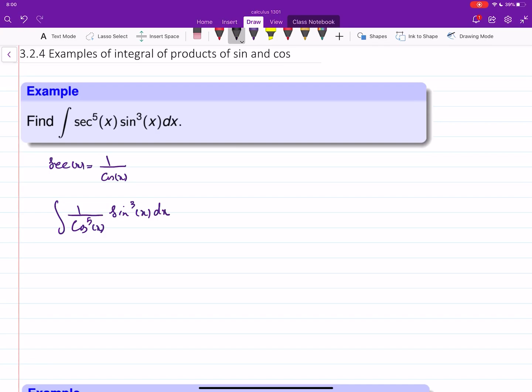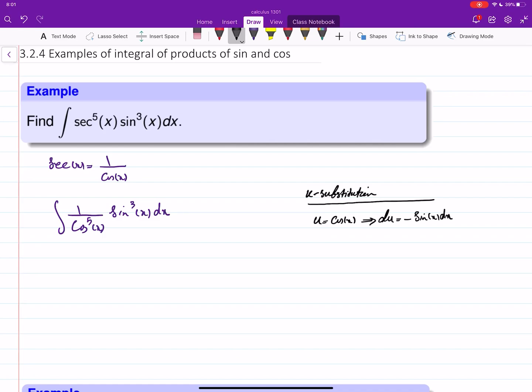So I will use u substitution, setting u to be cosine x. Then as a result of that, du is going to be minus sine x dx.